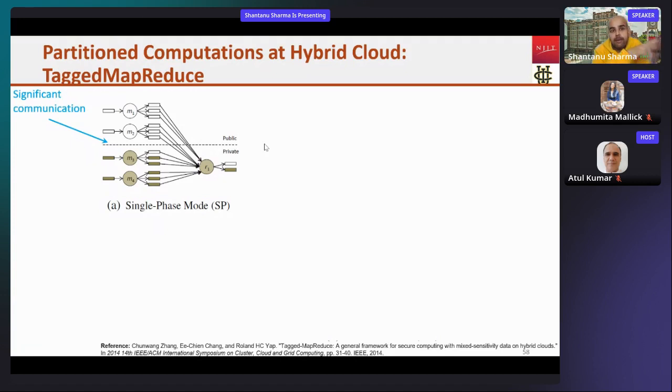There are mappers that produce key value pairs, and finally reducers produce the final results. So let's say data is on both sides, public and private. Mappers produce some key value pairs, and the reducer downloads the entire data set from the public cloud and then finally produces the result. So here it is fetching almost the entire data set before producing the answer. This is not very efficient, but something useful is happening at the mapper side. Whatever work the mappers do at the public cloud, the user doesn't need to perform.